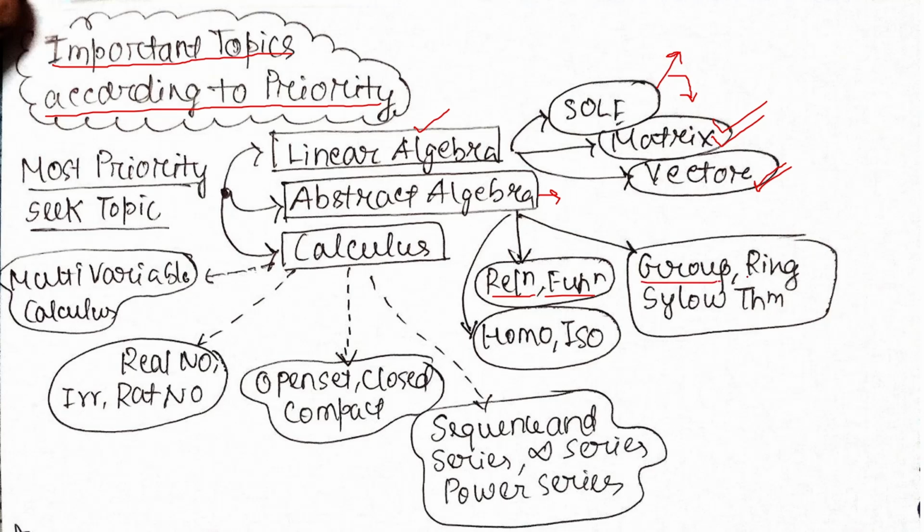So again, come to the next topic, groups. In groups, we have to analyze how groups are formed, how they satisfy some basic properties. A set is said to be a group if it satisfies four fundamental properties. You all know that.